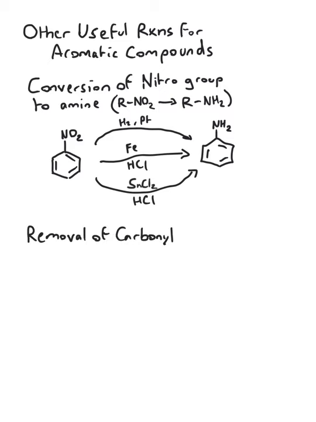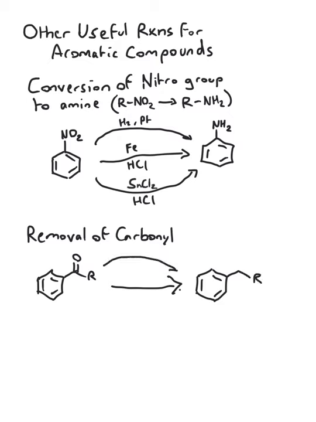Next, there's the removal of carbonyl. This is when you have acylated an aromatic ring and you wish to remove the carbonyl so that you have the alkylation product. Okay, so how do we do this?